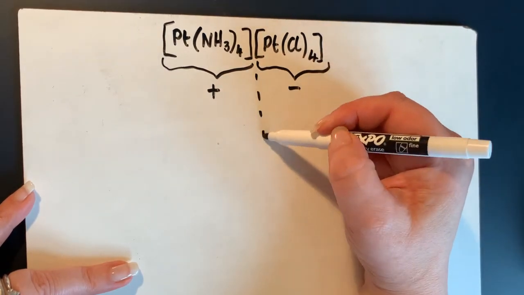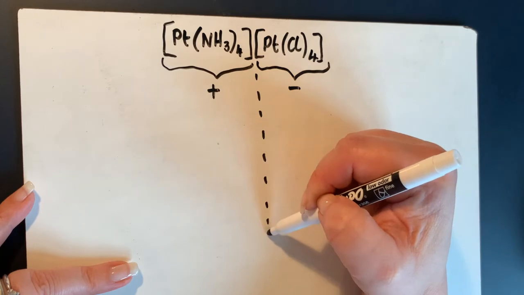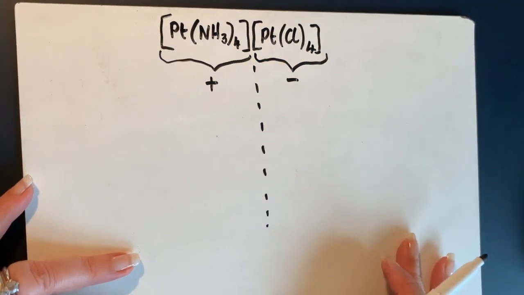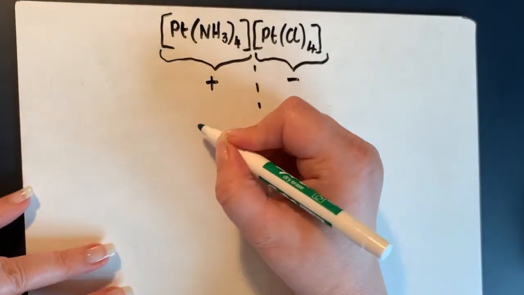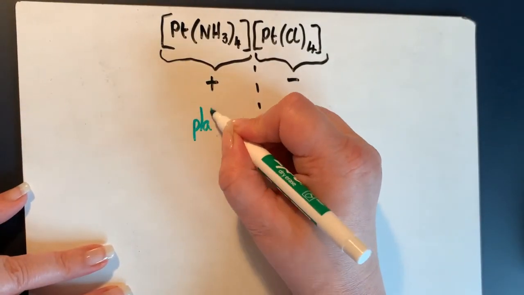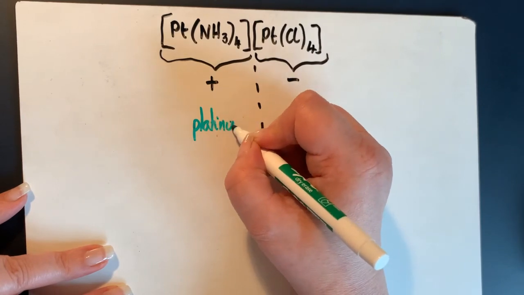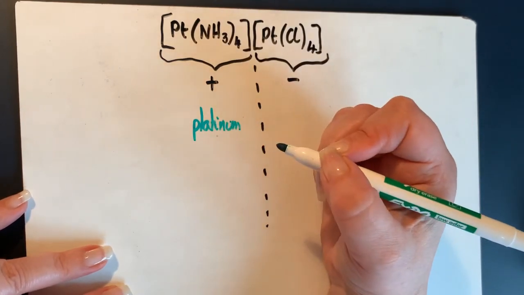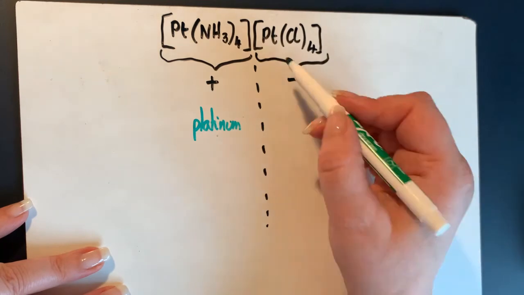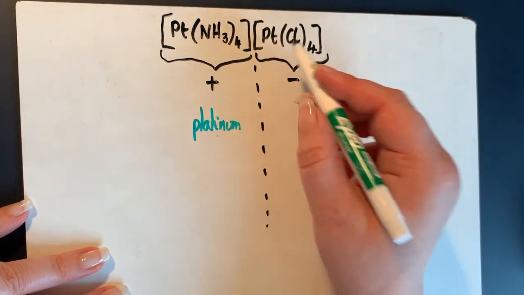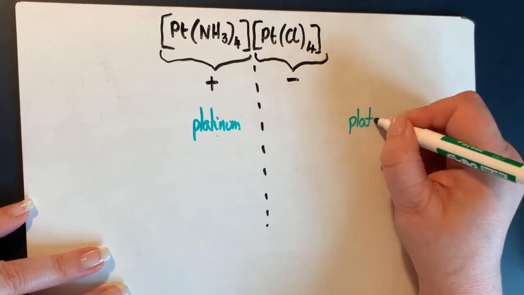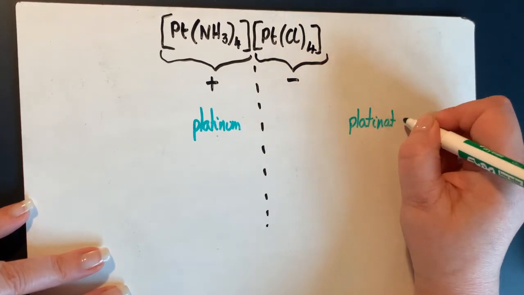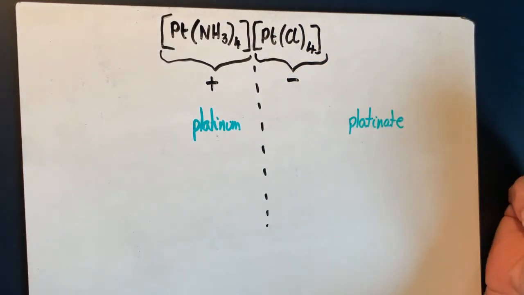So if I split the board just now, so we can keep track of what's going on either side. In this side, that platinum is just going to be platinum because it's positive. However, this side, that platinum will be platinate, the Latin name.